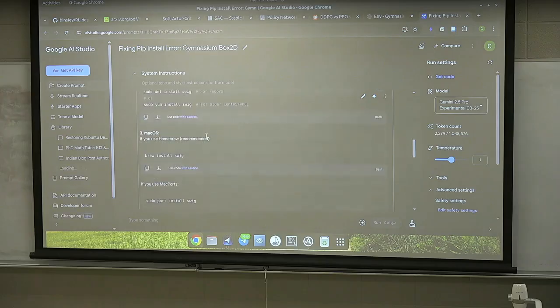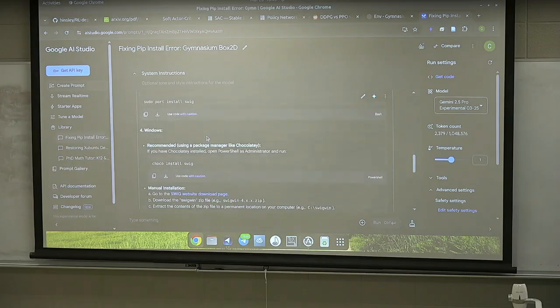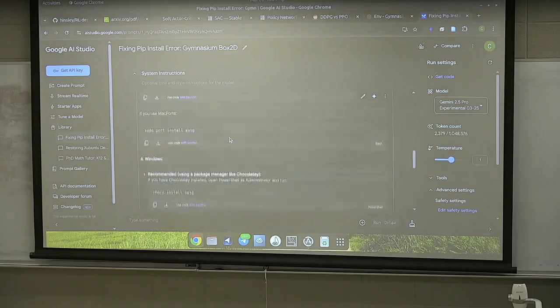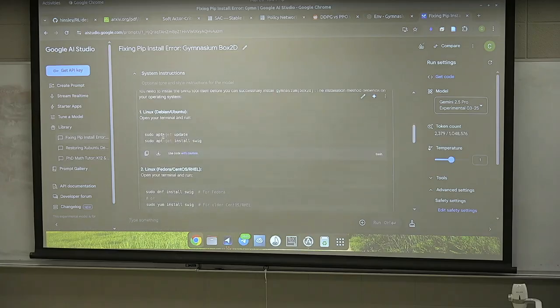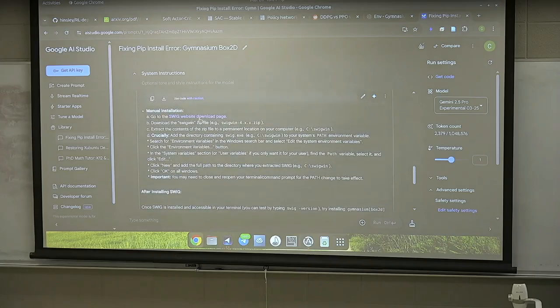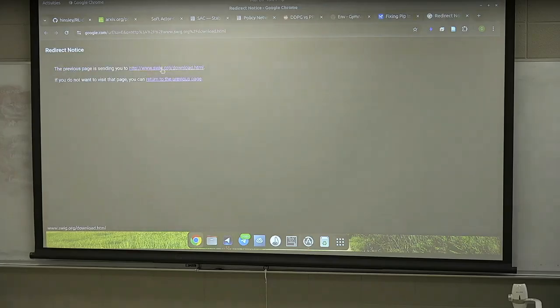Well, no, you can't do that. It's Windows. Yeah, I could do sudo. But you don't have the apt. That's Debian only. So look up this website, I guess. swig.org/download.html. I guess that's the dependency. Well, it's not really wanting to take me there, so maybe it doesn't exist.